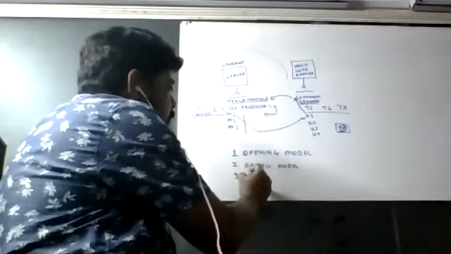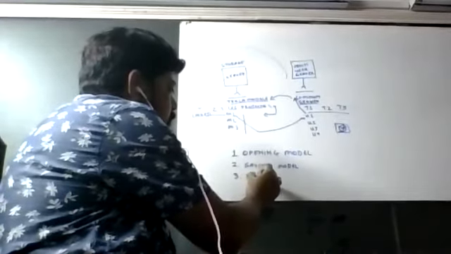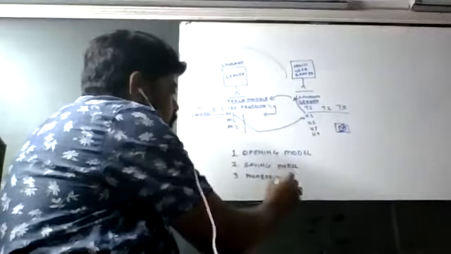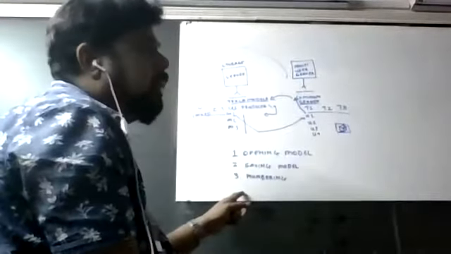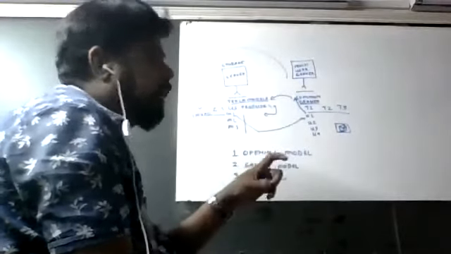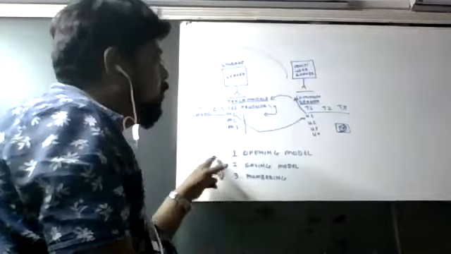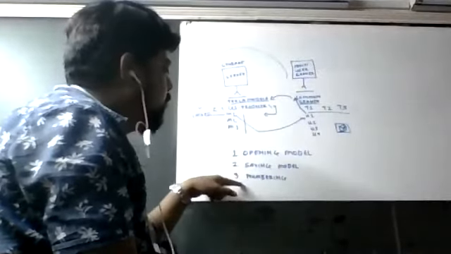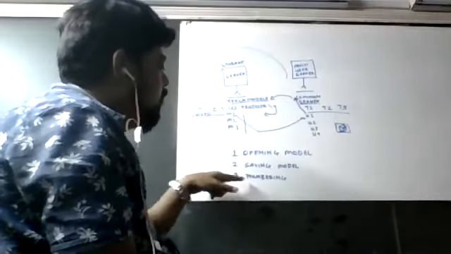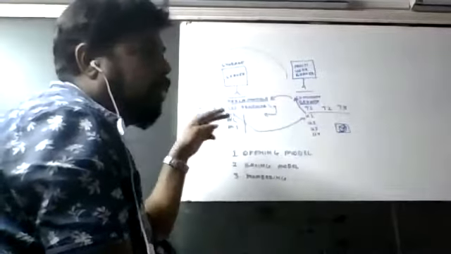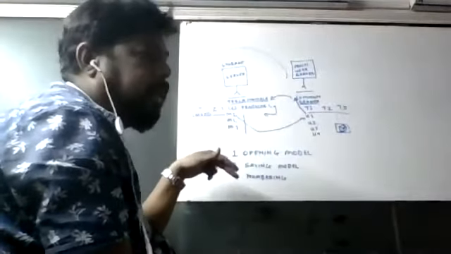Third is numbering. Numbering is an activity where numbers are assigned to the modeling objects. While numbering, the connection will also be established here, because all the model members are getting updated.